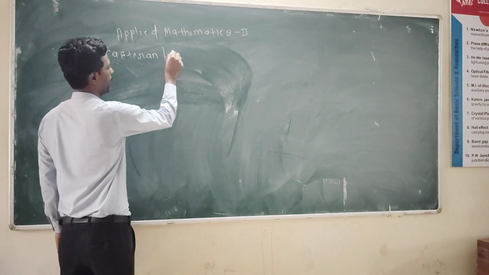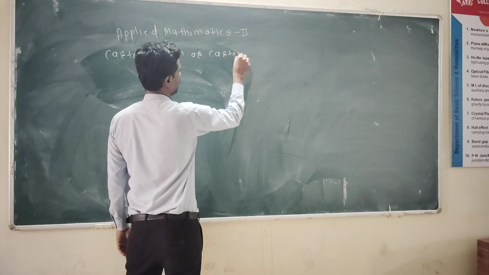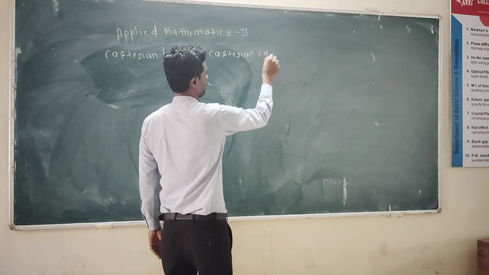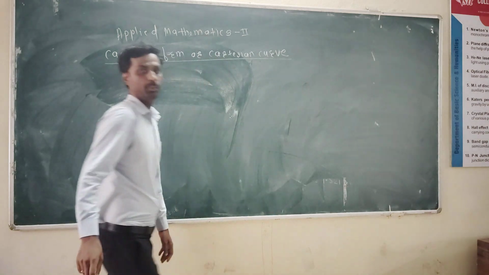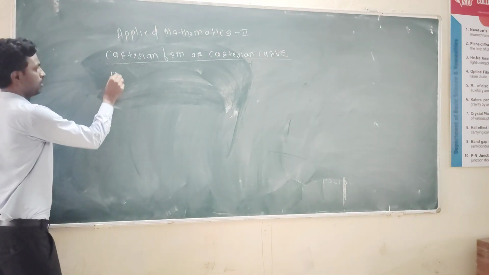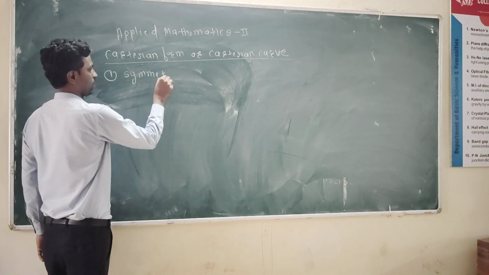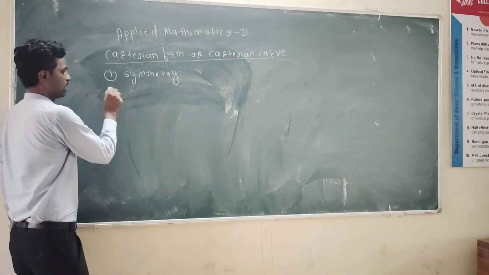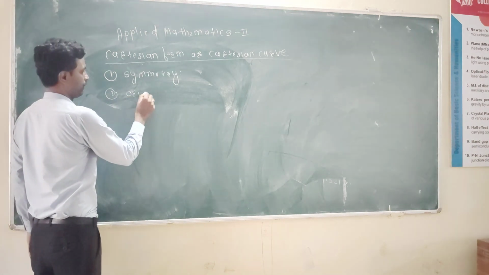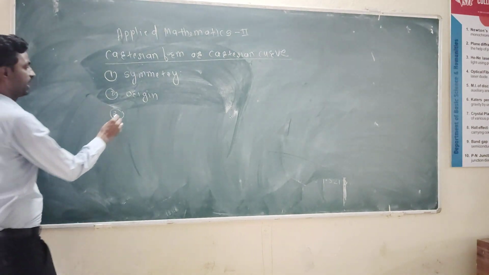Cartesian form or Cartesian curve. So first, the important point is the symmetry. Second is the origin. Third is the tangent at origin.